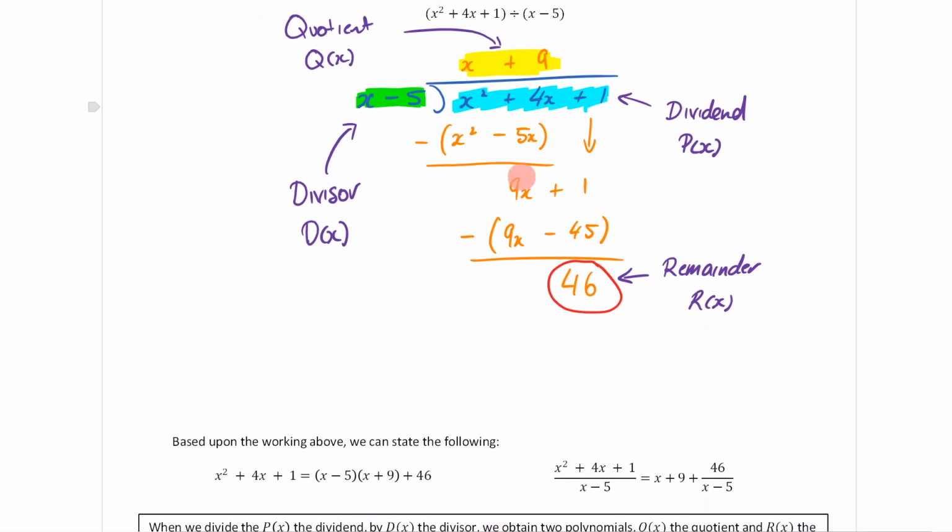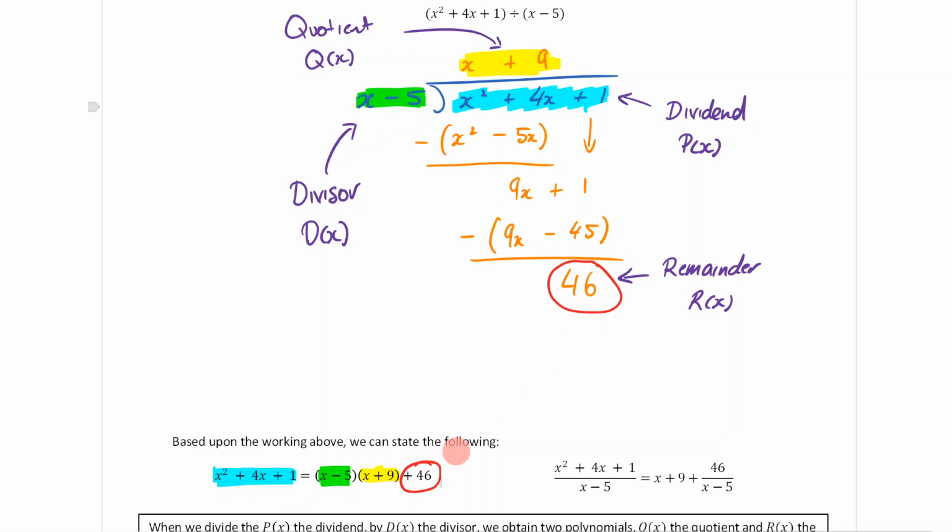Our dividend, our polynomial that we started with, is going to be equal to the product of our divisor multiplied by the quotient, and then we plus onto that the remainder. So just to repeat that, our dividend is equal to divisor times quotient plus remainder.